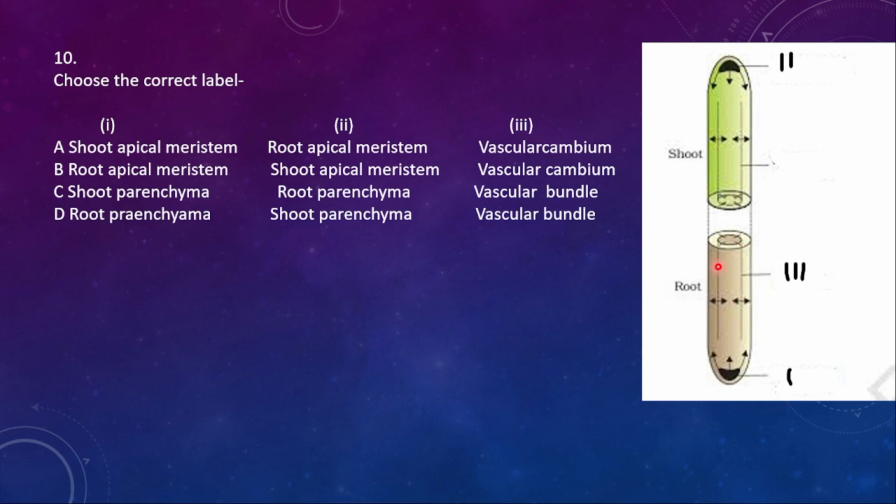And at the center there will be the vascular cambium. So here one is root apical meristem, second one is shoot apical meristem, and third one is vascular cambium. So the right option is option B.